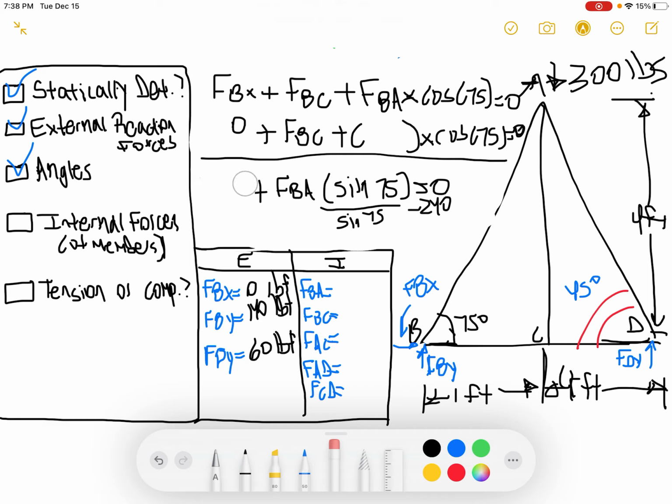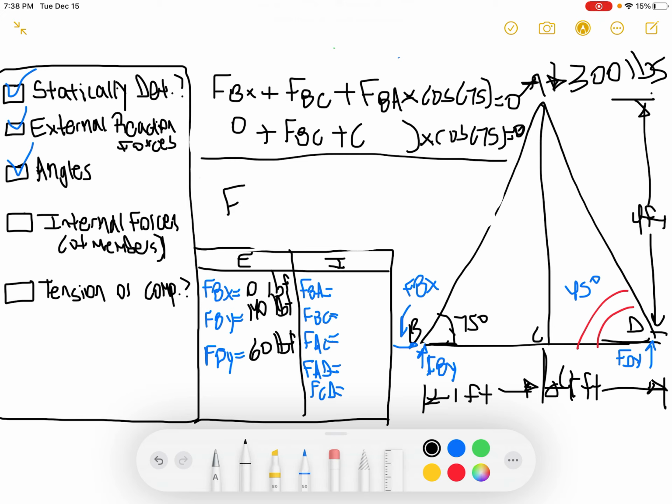After you do both of those things, you get that FBA is negative 248.5 pounds of force. Yes, there we go. We found our first one. Now we can plug this in up here.